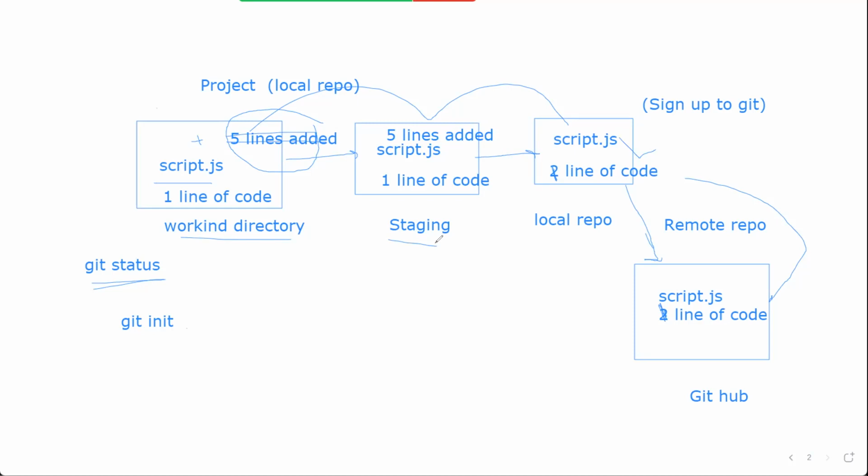Now you have to just remove it from staging. You don't want to remove it from the working directory because you want your changes to be there. You just want to remove it from staging. You want to make your staging similar to the last commit. So the five lines will be in the working directory only, but completely removed from staging. Fine.